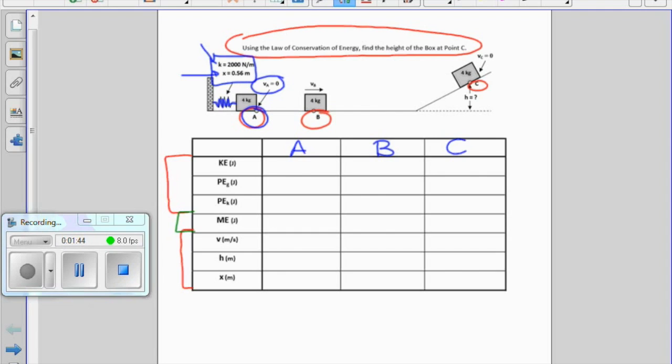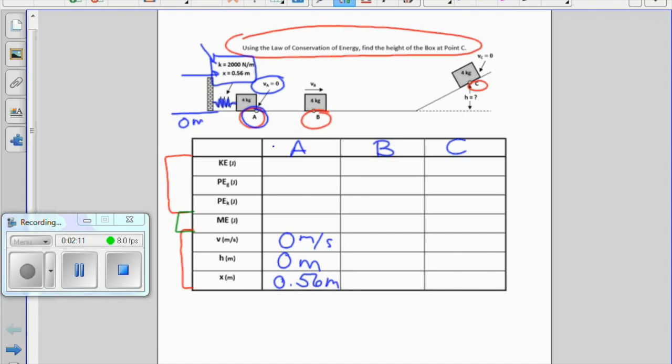I'm going to put all the information into my energy table, column A. The x, the compression of the spring, is 0.56 meters. The h, the height of the box, is 0. And the velocity of the box is also 0 meters per second.